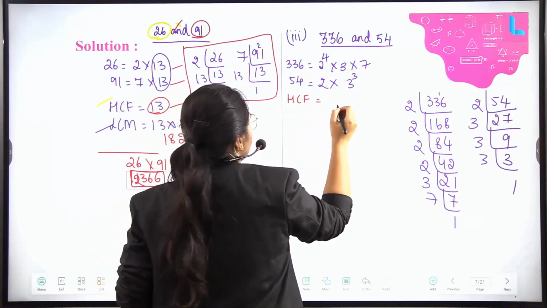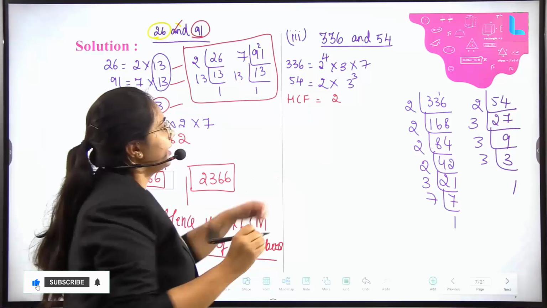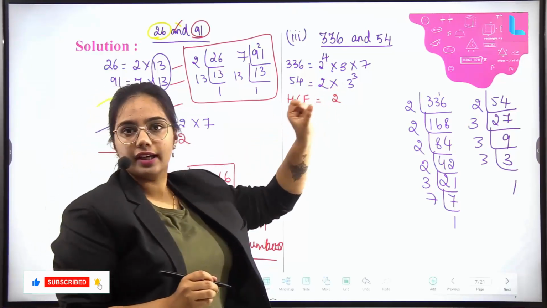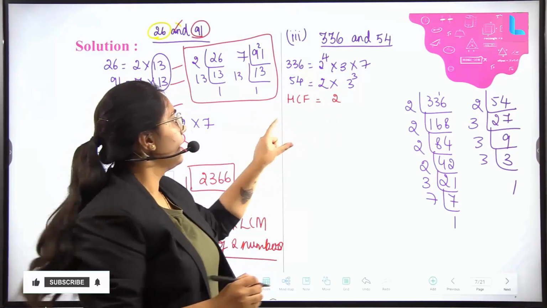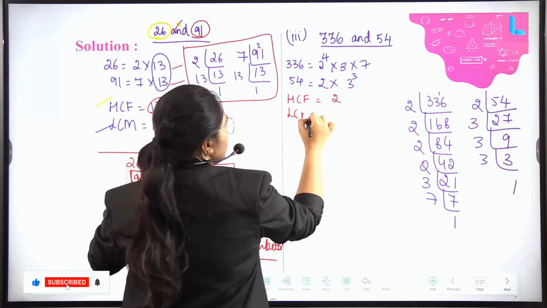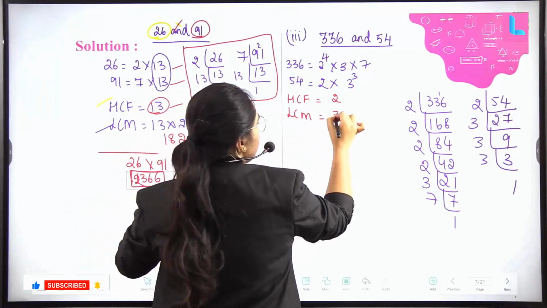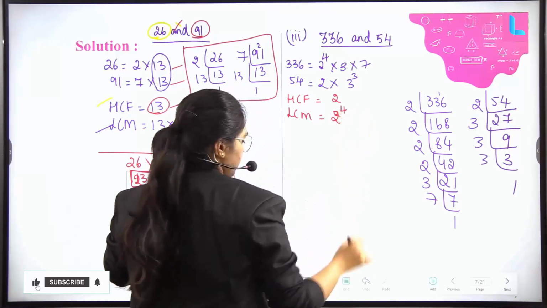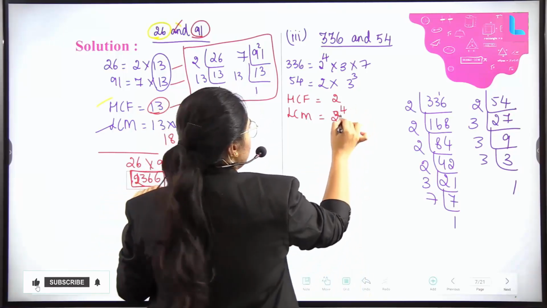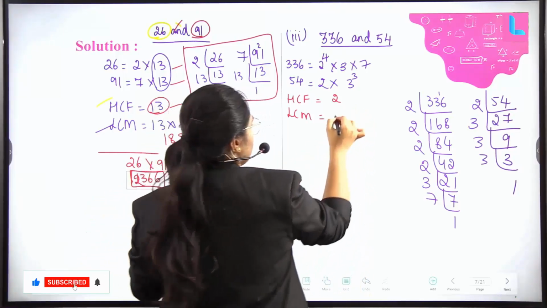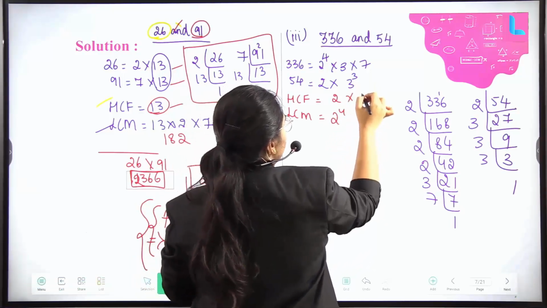For HCF, as I said yesterday, you have to take the least power, and for LCM you have to take the greatest power. Here you have 3 also.